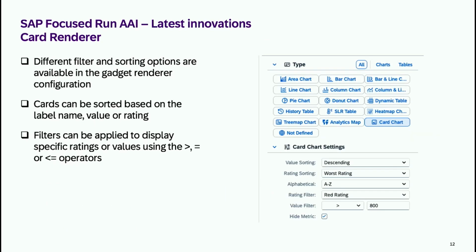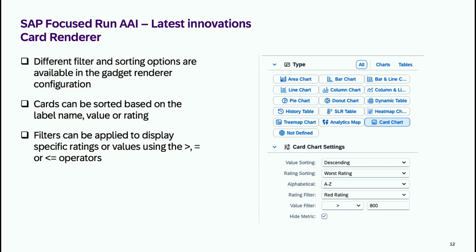Let's proceed. We have different filters available for this card renderer. You can work with these filters and options to change the way this is sorted. We can sort based on the value or on the rating.